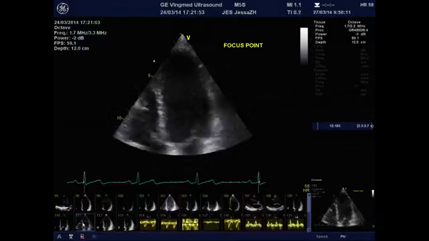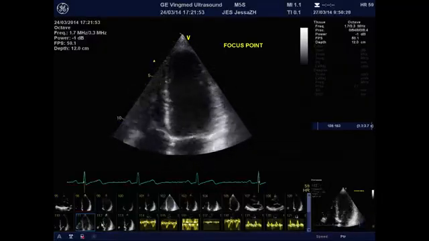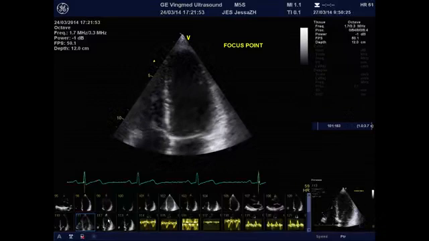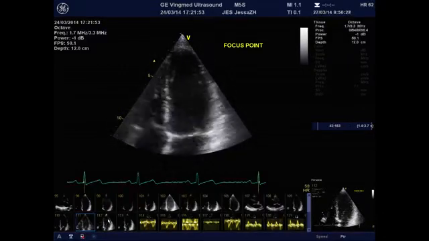So if you want to look, for instance, at an apical thrombus in a ventricle, you can put the focus very near to the near field or in the near field. However, for normal imaging, your focus position is best at the lower structures of interest.